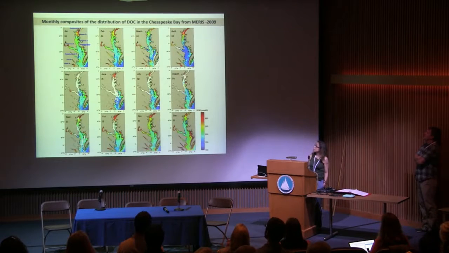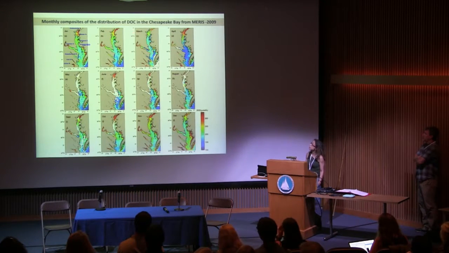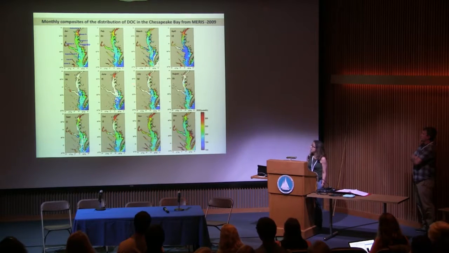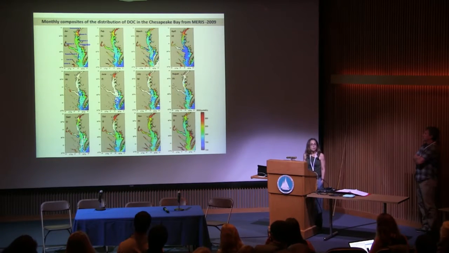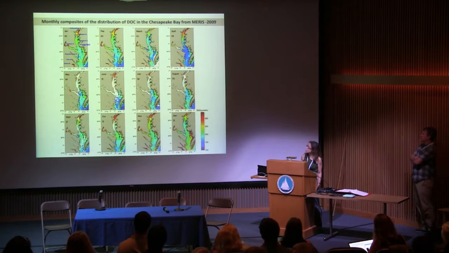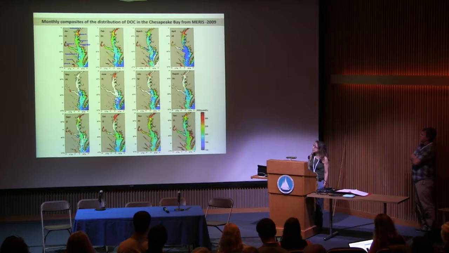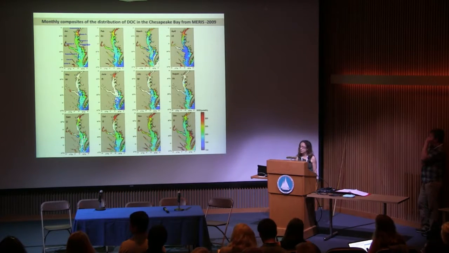Applying this algorithm to the Chesapeake Bay, we looked at monthly composites of DOC from MERIS for 2009, and you see here variability in DOC from January to December. So first of all, in these kinds of monthly composites, you see the influence of different factors on spatial and temporal dynamics in DOC, the influence of freshwater input from the Susquehanna River, the influence of wetlands, temporal variability associated with precipitation events.